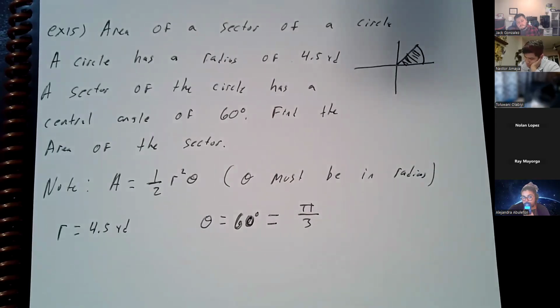Or you can multiply it and convert it. Since this is an easy one, I'm just going to use the circle. So just plug it in and you should have your area of the sector.